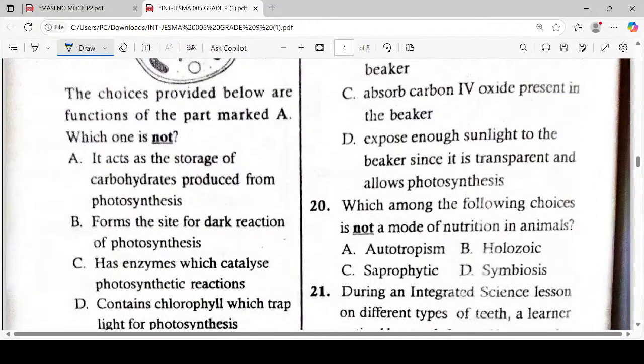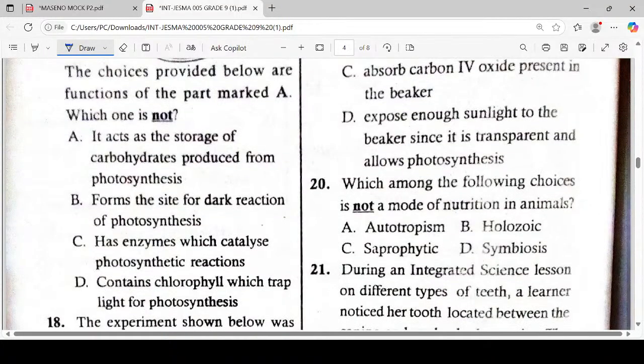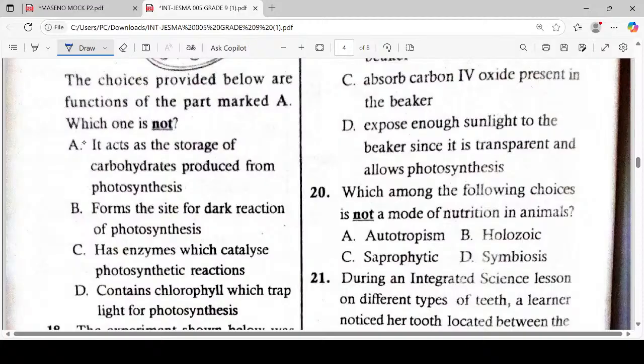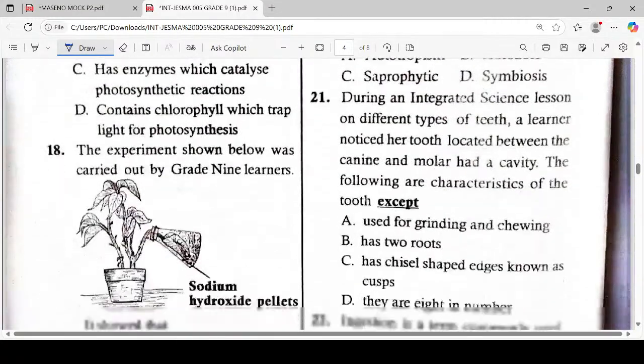It acts as storage for the carbohydrates produced, forms site for dark reaction, has enzymes that catalyze photosynthetic reaction, contains chlorophyll which traps light for photosynthesis. So the most appropriate answer here, the odd one out, is A for apple. A for apple is the odd one out.